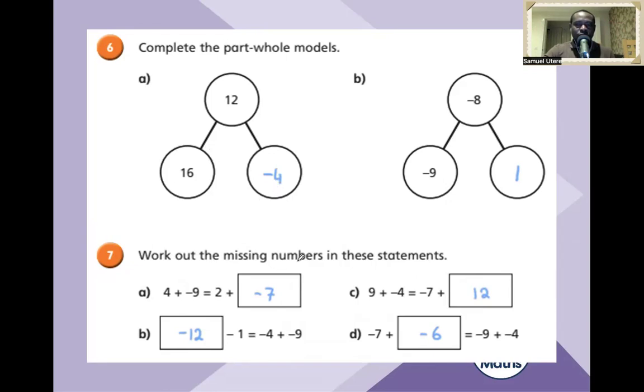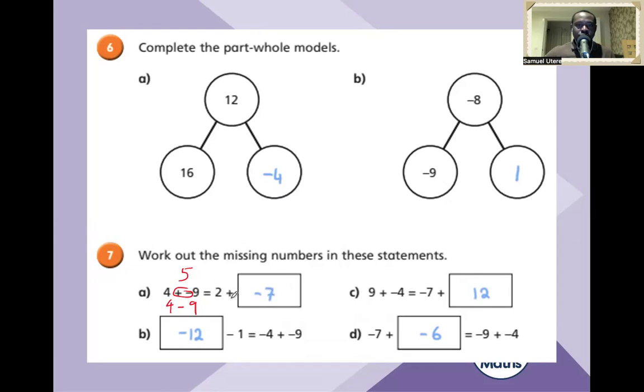So this one, work out the missing numbers in these statements. Here, remember, you can say these two are negative. So it's like saying 4 minus 9, which we know is 5. We're now trying to see what could be here so that we get 5 on the other side as well.